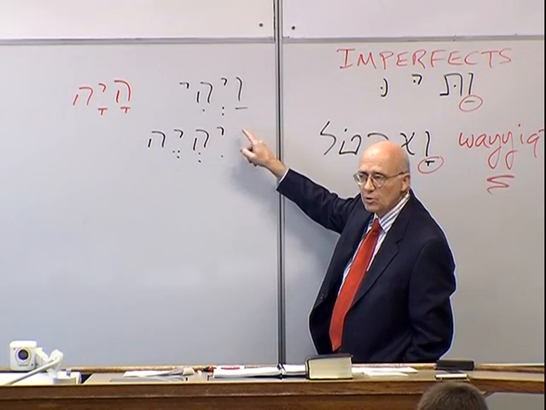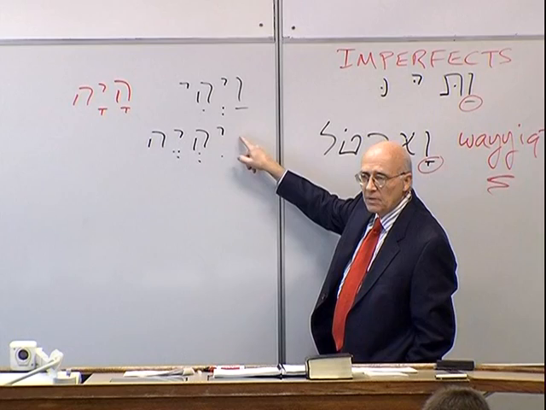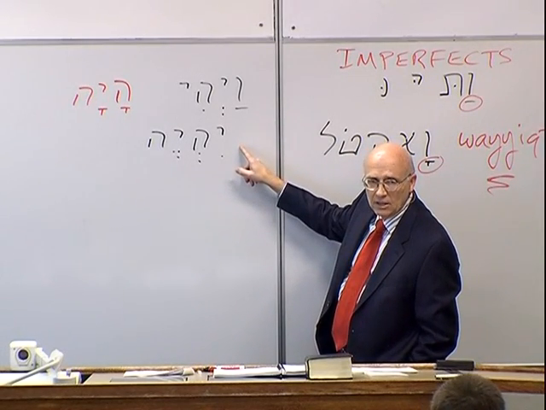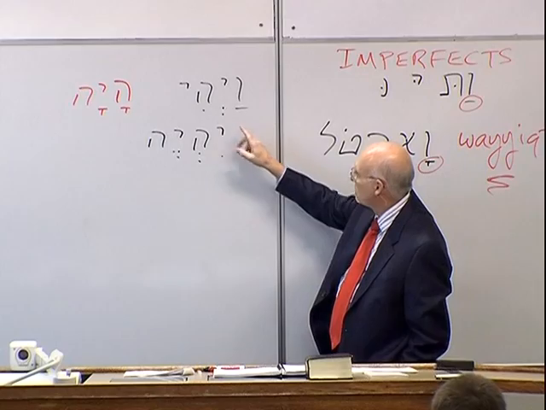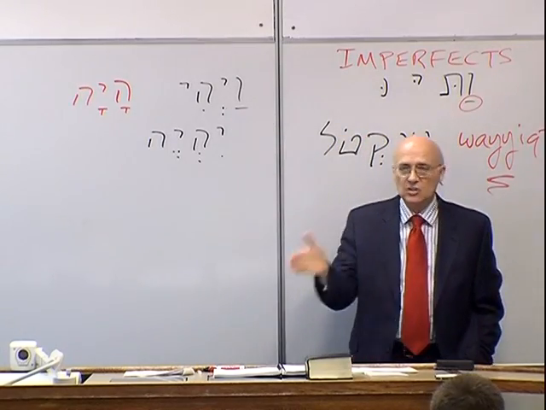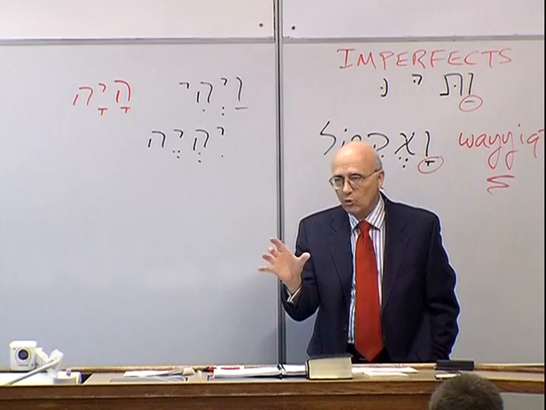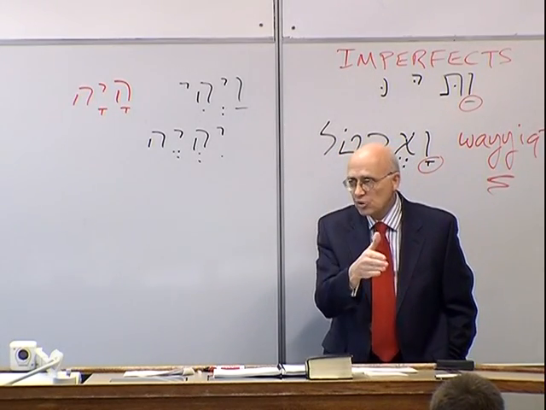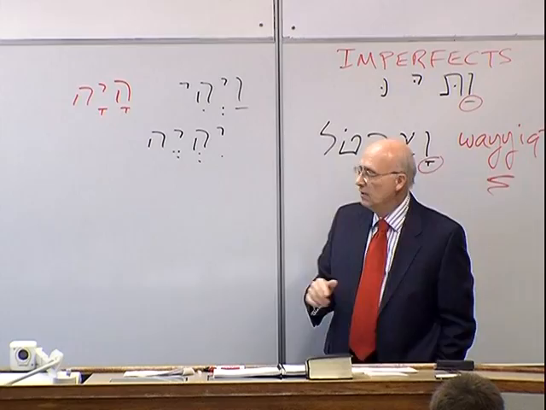So there are a few exceptions, but this still indicates that this is a wayiqtol. And therefore it has to do with sequence. In that case, God said, let light come into being, let it come into existence. Then it came into being. It is sequential. He first spoke, and then secondly, it came to be. It's sequential. And that's the key.